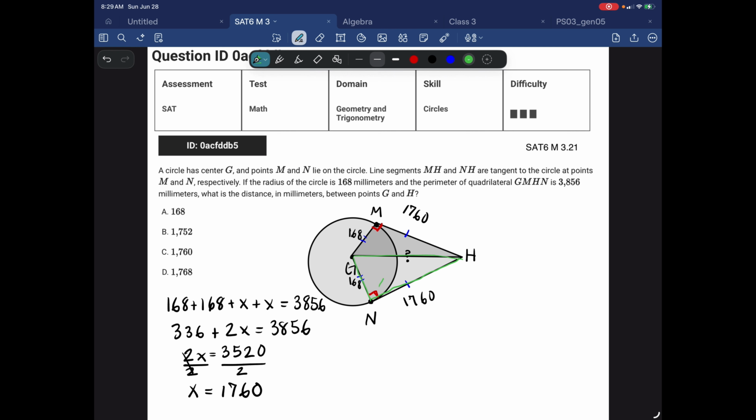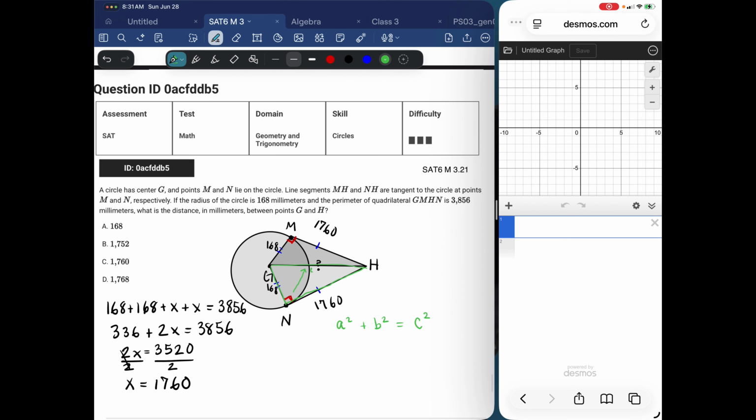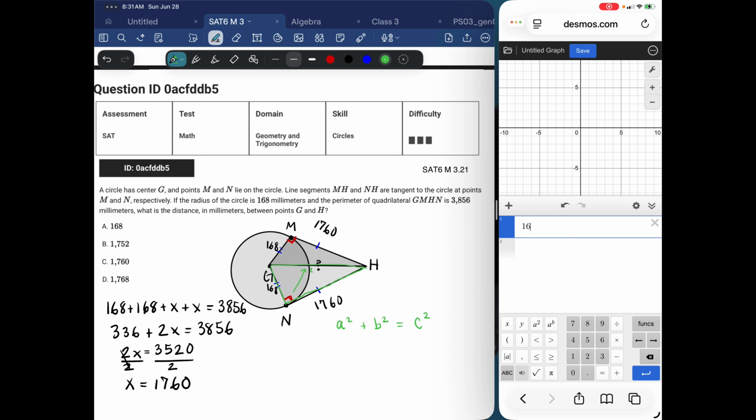We know we're looking for the value across from the right angle, which is C. So we have A squared plus B squared equals C squared. I'm going to pull up Desmos because the numbers are going to be insane. So I'm going to do 168 squared. I'm just plugging in my formula, plus B squared, which is 1760.